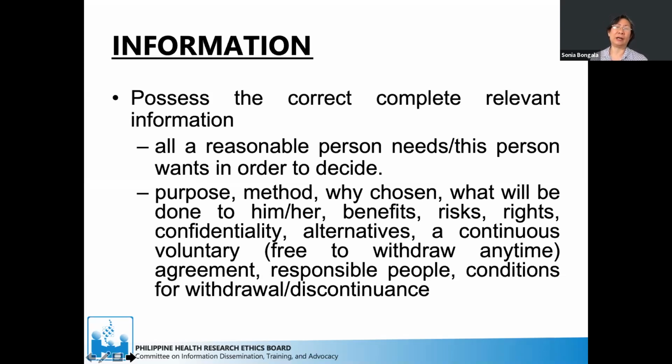And then what are the other things that he can choose from, the alternatives? So you should give the alternatives that he can choose from. And if he chooses the alternatives, it should be stated that there should be no penalty or any punishment or any withdrawal of any privileges that is due to him.